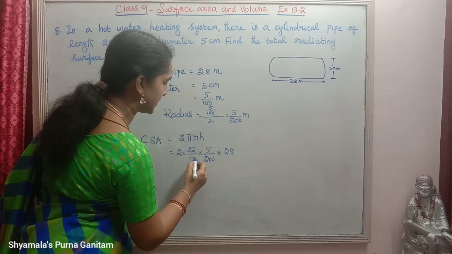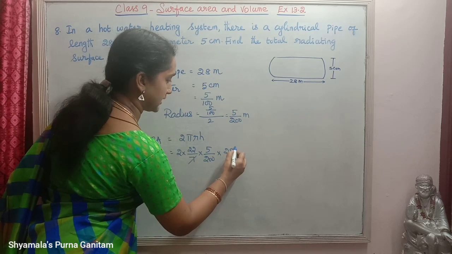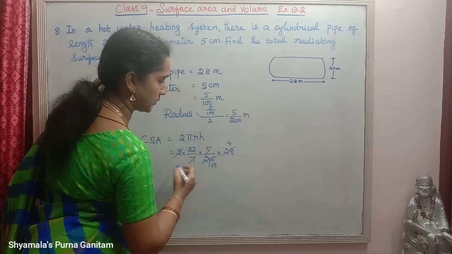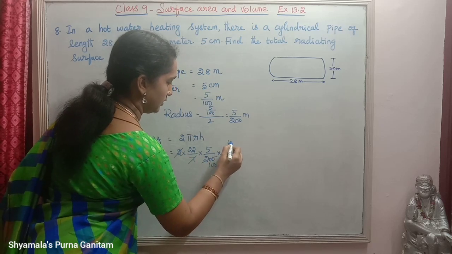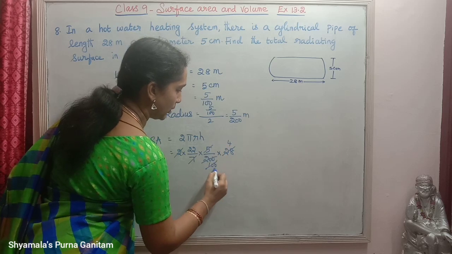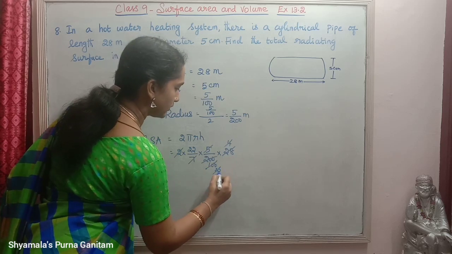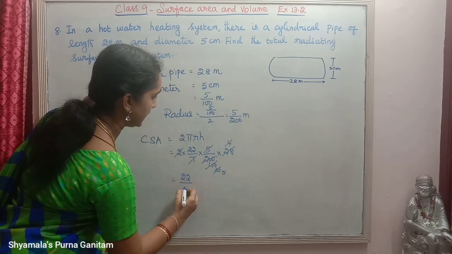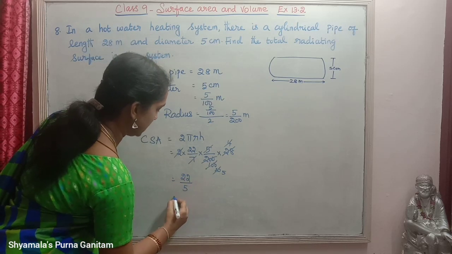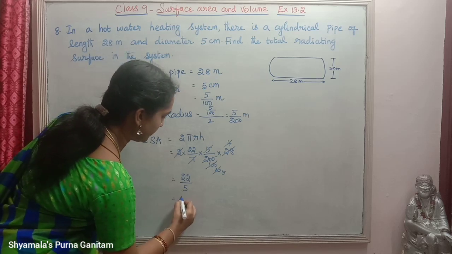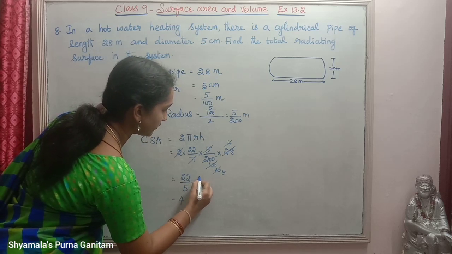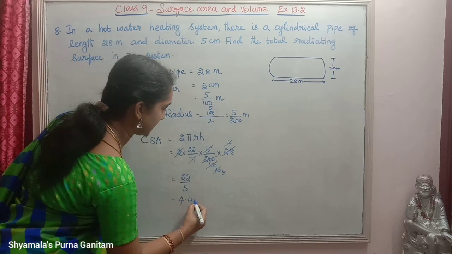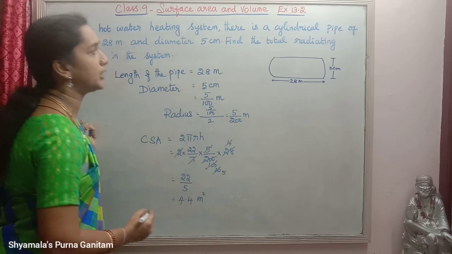When we simplify this, 7 4s are 28, 5 20s are 100, then 4 5s are 20. So this is equal to 22 by 5 meter, which is 4.4 meters square.